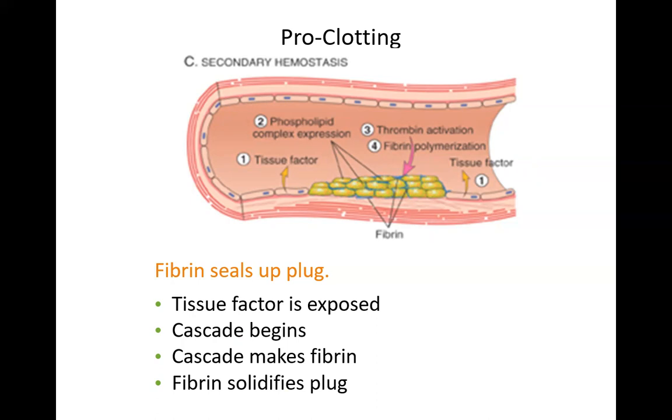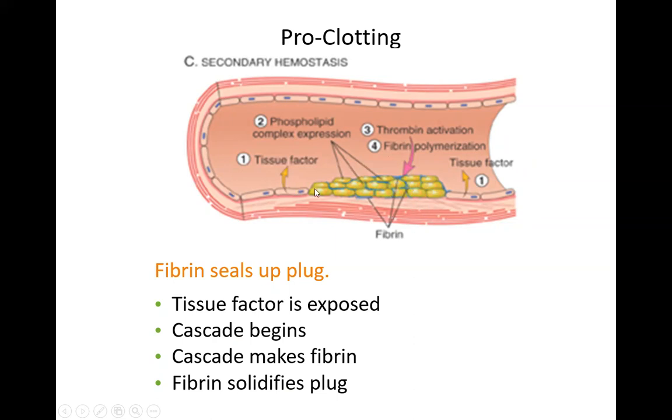So the body is going to activate the clotting cascade, and the clotting cascade is ultimately going to lead to the formation of a fibrin plug. Usually after trauma, the tissue factor that is released from the endothelium is going to start the extrinsic clotting cascade, which is coming up probably in the next slide. And it is going to lead finally to the formation of this fibrin plug, okay?